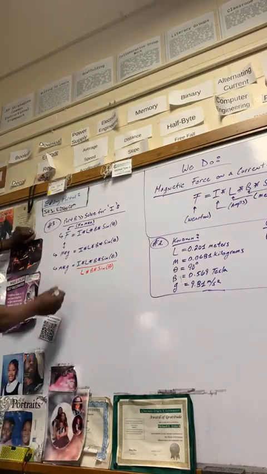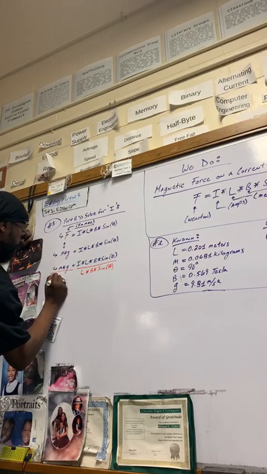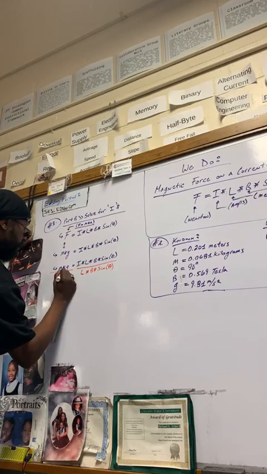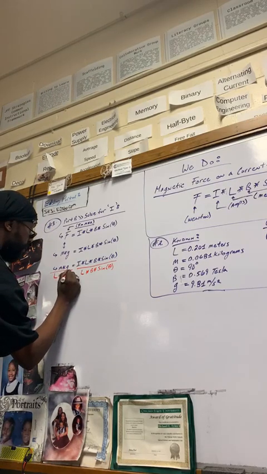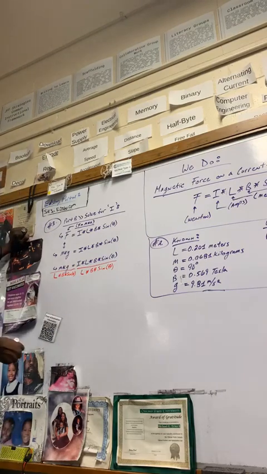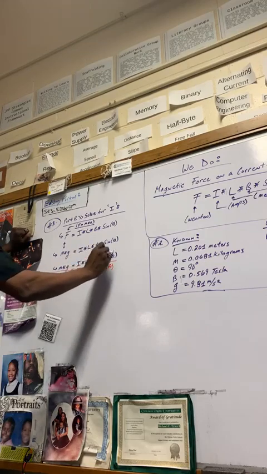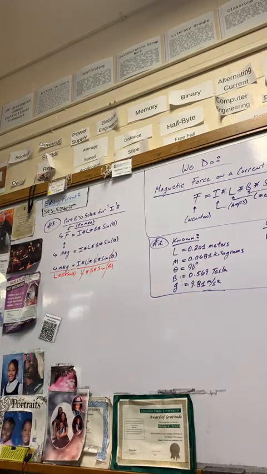Okay? What you do to one side, you gotta do the other. Okay, I can cross out my B fields over here, my L's, and my sine thetas. Rewrite the equation.